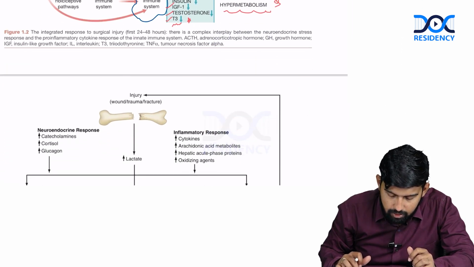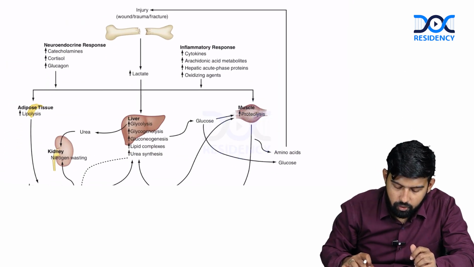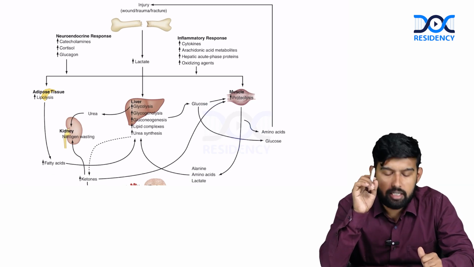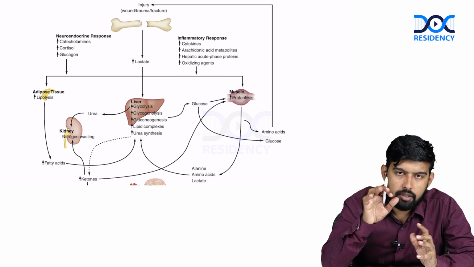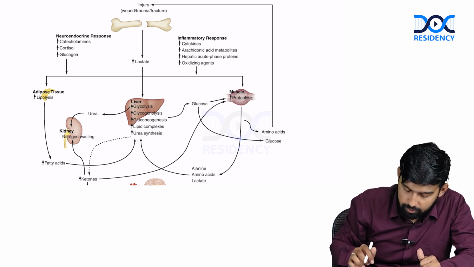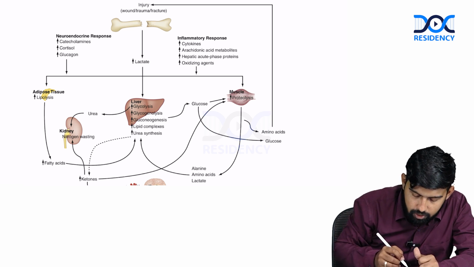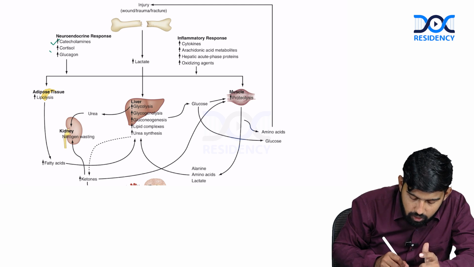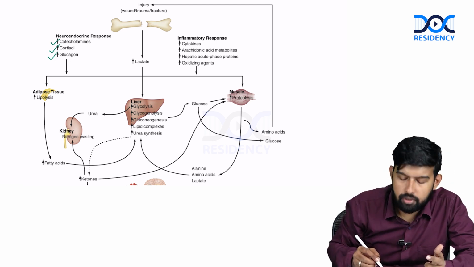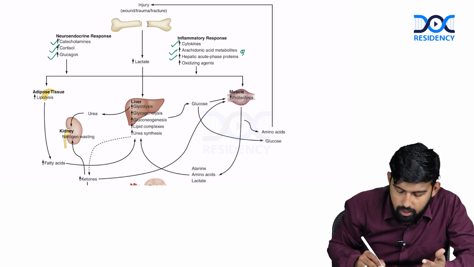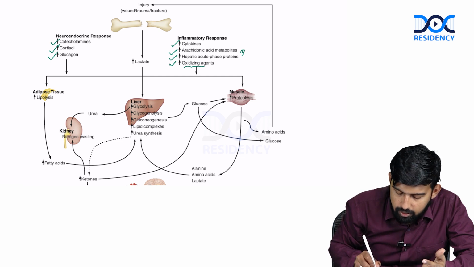So this is the beautiful chart given in Sebastian which indicates all the changes that happen after the injury or surgery. So the neuroendocrine response, as we have already seen, is an increase in catecholamines, cortisol, glucagon, and the inflammatory response in the form of increased cytokines, arachidonic acid metabolites, acute phase proteins, and an increase in oxidizing agents.